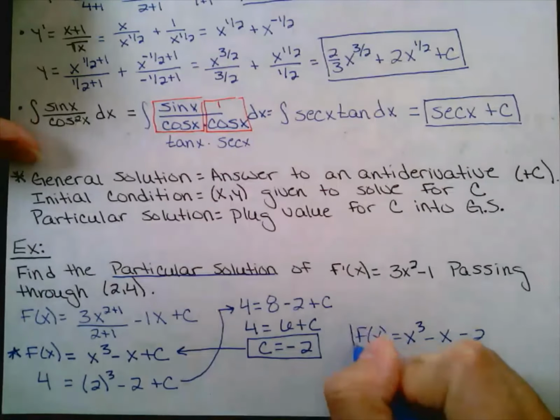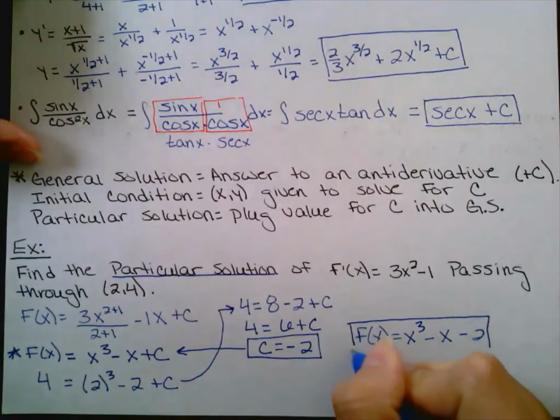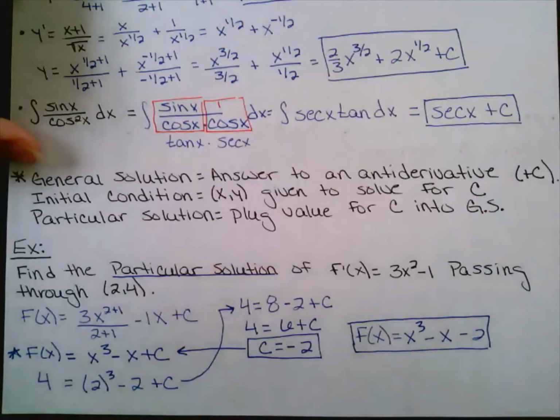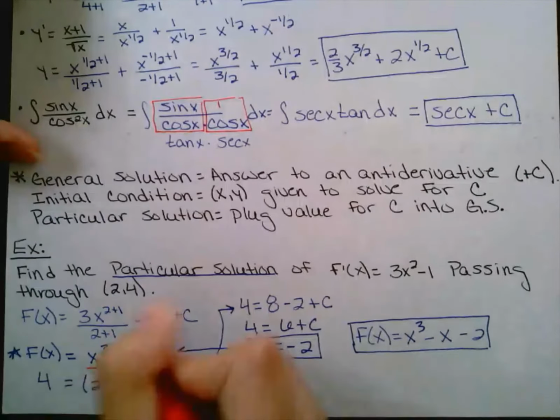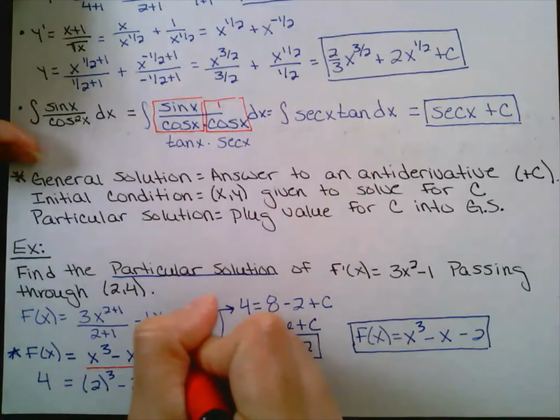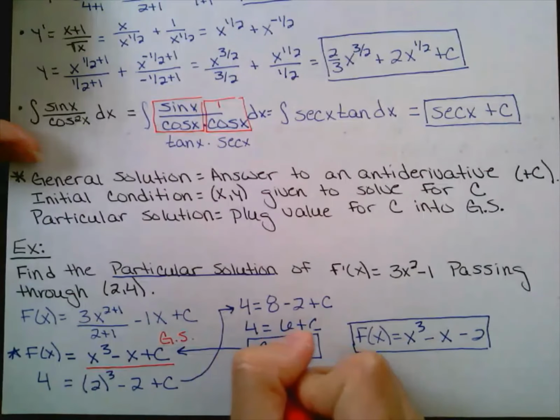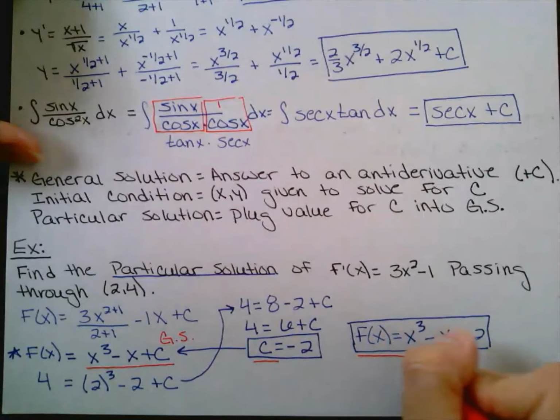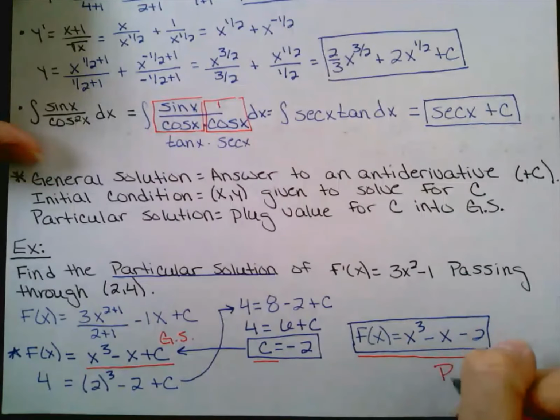And that right there is my particular solution. So let's label really quick. Right here, we had our general solution. We had our c, and then now this is my particular solution.